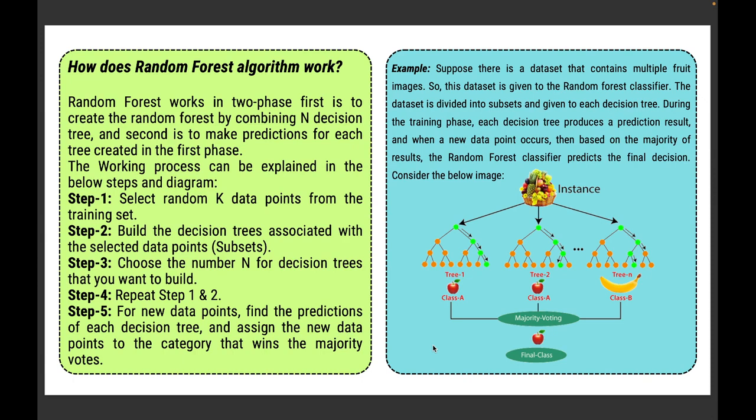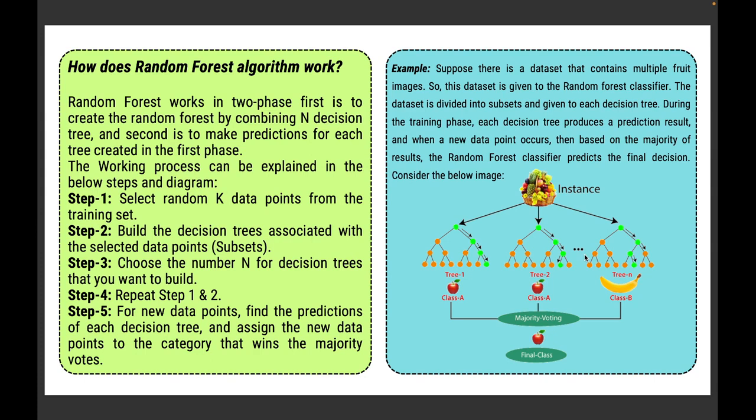Consider the image below. Suppose there are different types of apples or different types of fruits present in the basket. It is called an instance. From some apples or some fruits in this basket, we have considered some dataset. For dataset 1, we have created decision tree 1. For this amount of data, our machine learning model predicts that it is an apple, so it belongs to class A. For dataset 2, which we have derived from the instance, our model predicts that it is an apple, so it belongs to class A, and so on till dataset n.